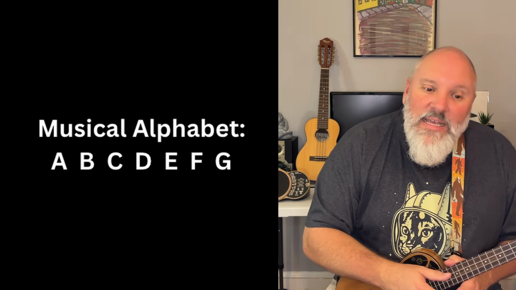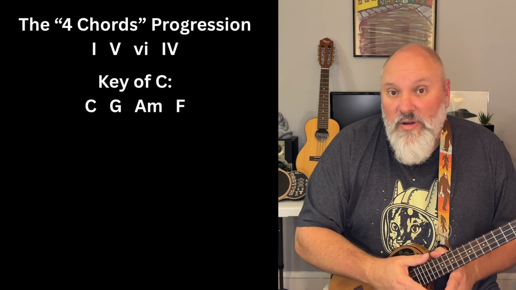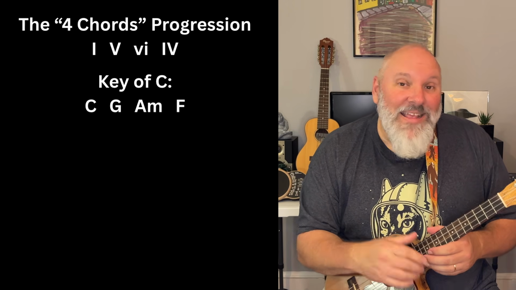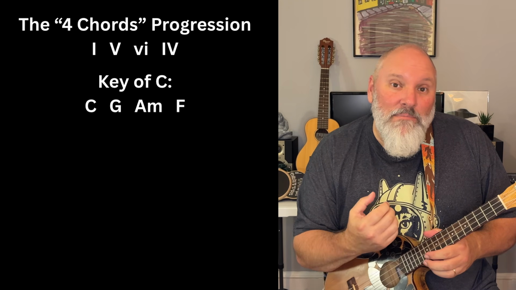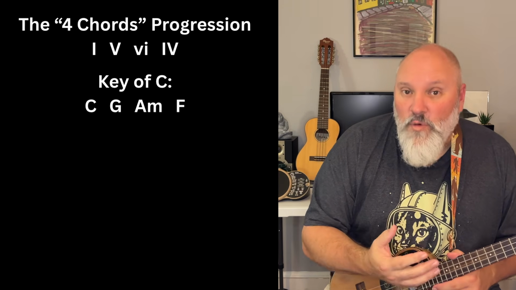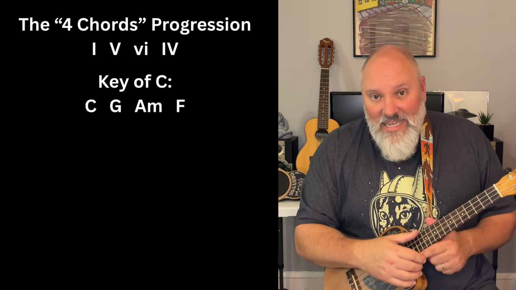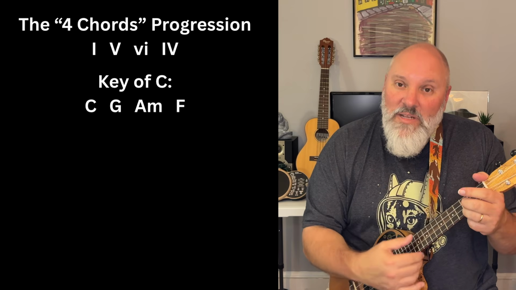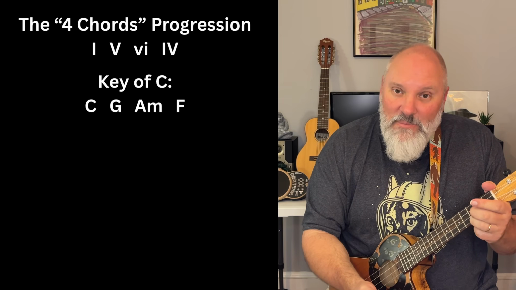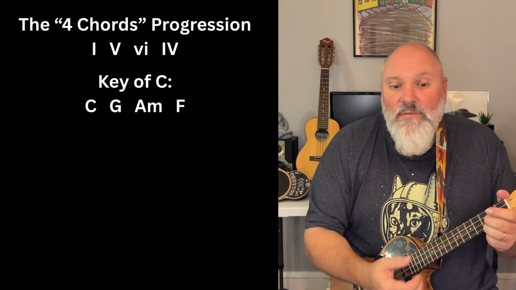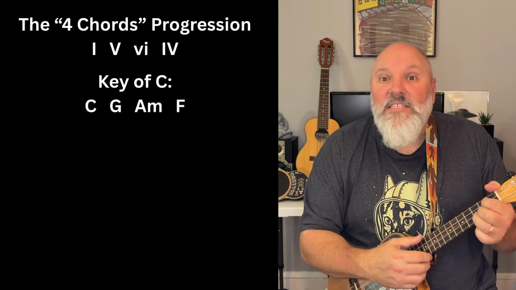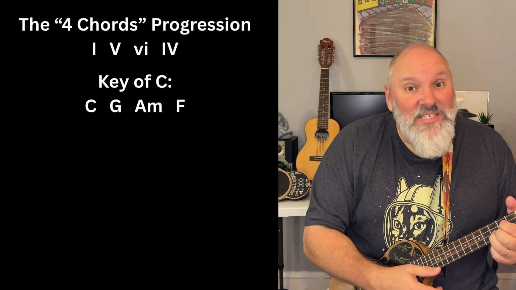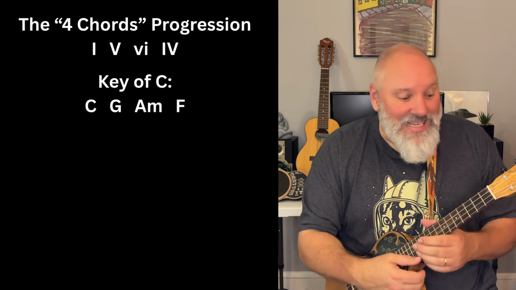So we're going to look at some common chord progressions that are behind many songs. And this first one is called the 4 chords progression. In it we have the 1 chord, the 5 chord, the minor 6 chord, and the 4 chord. In the key of C, those translate to: the 1 chord is a C chord, a major C. The 5 chord in the key of C is a G. The minor 6 in the key of C is A minor.